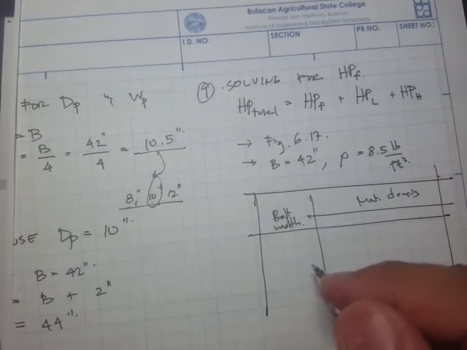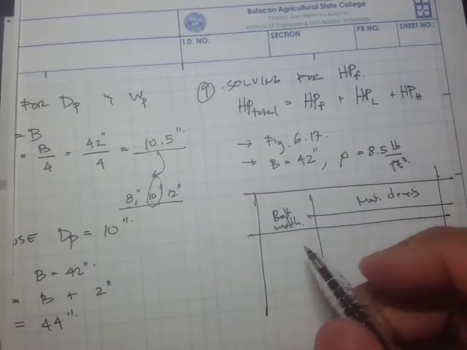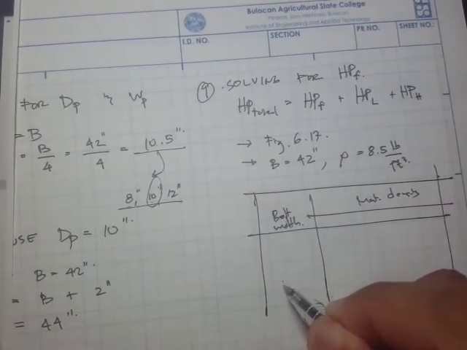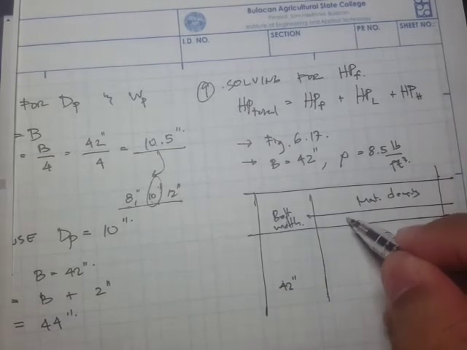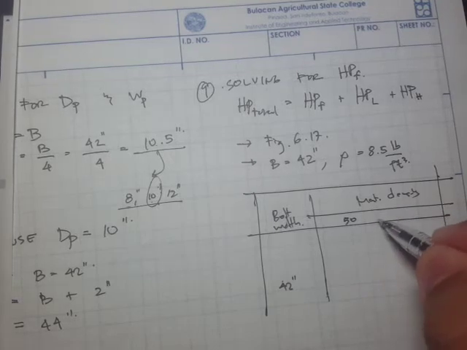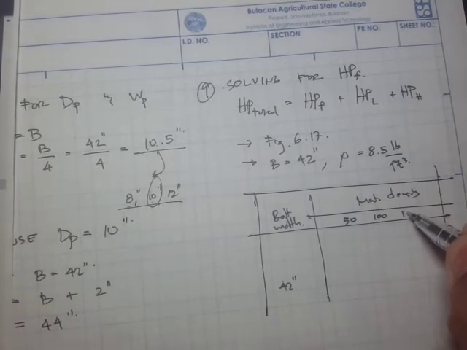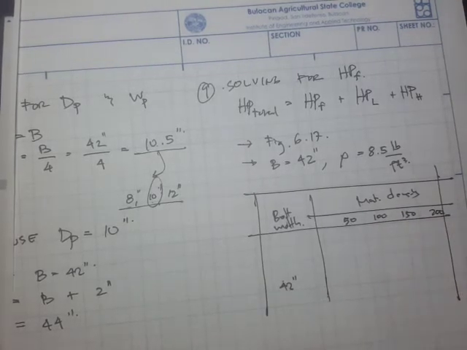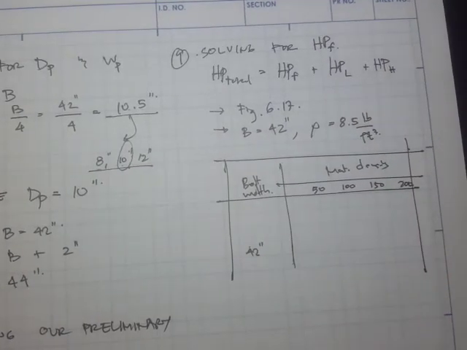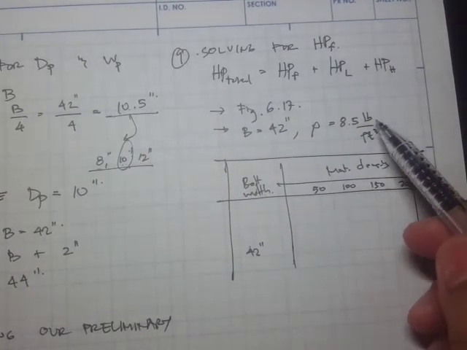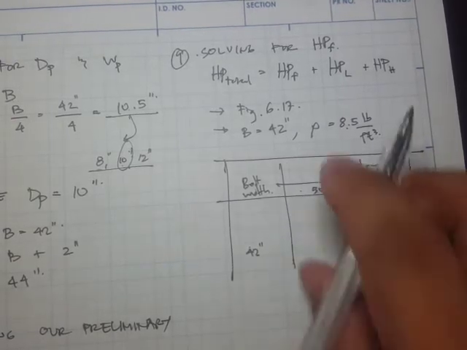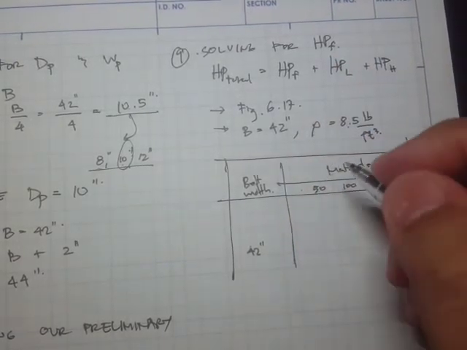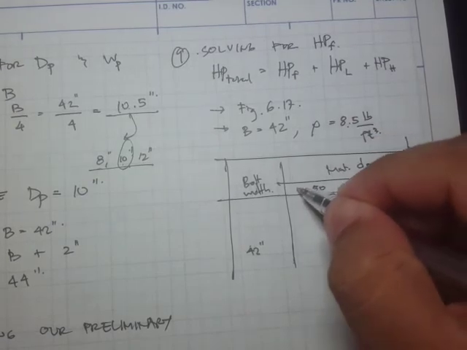Since we have 42 inches, but here the selection is 50, then 100, next is 150, and then 200. Our material density is 8.5, which is less than this. So meaning we have to do interpolation or extrapolation.